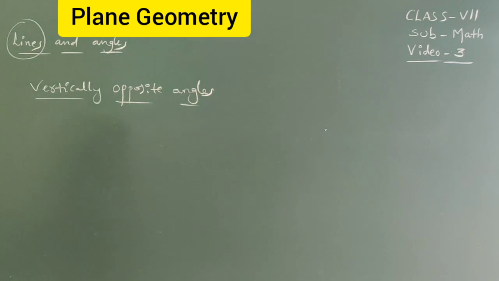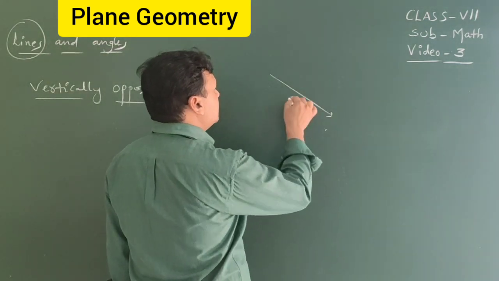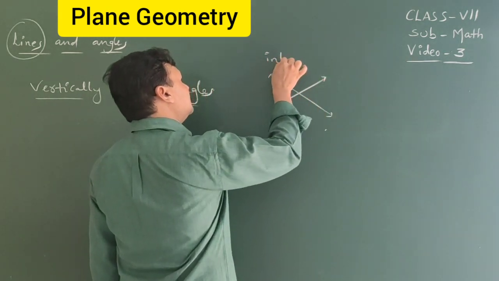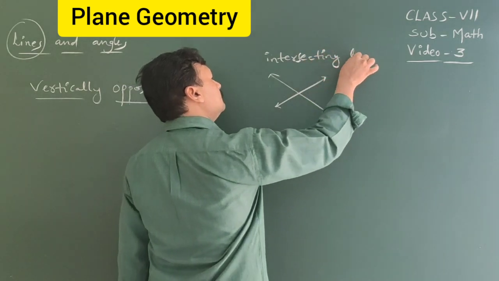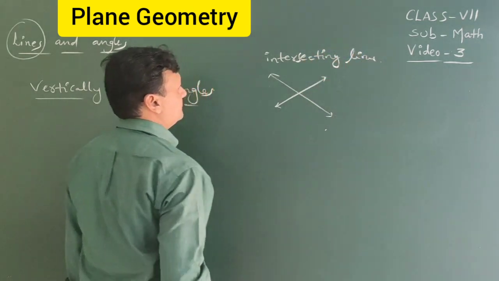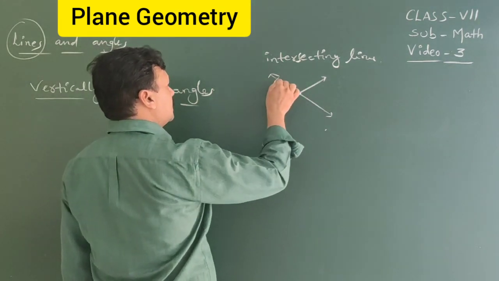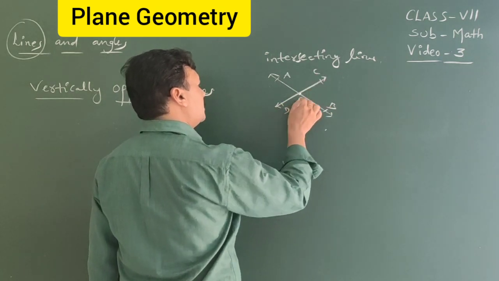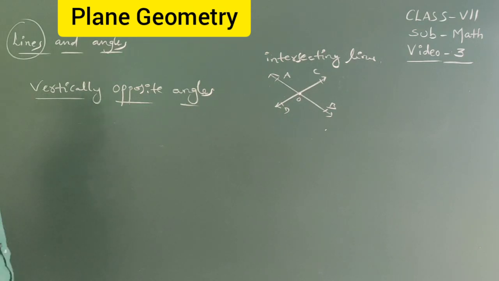Basically, in a plane, we have two kinds of lines. One is intersecting lines, which means two lines meet at a point. Two lines that meet at a point are called intersecting lines.